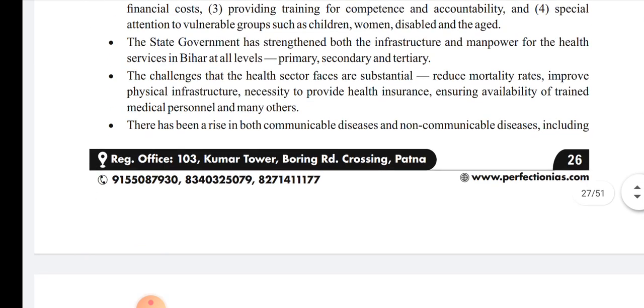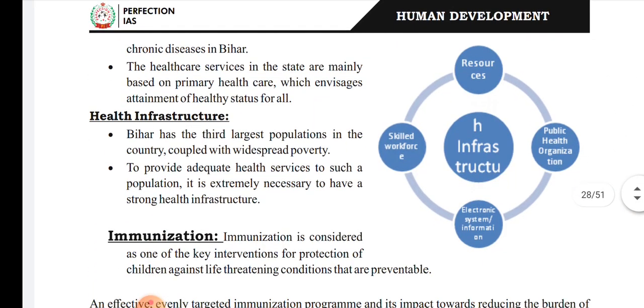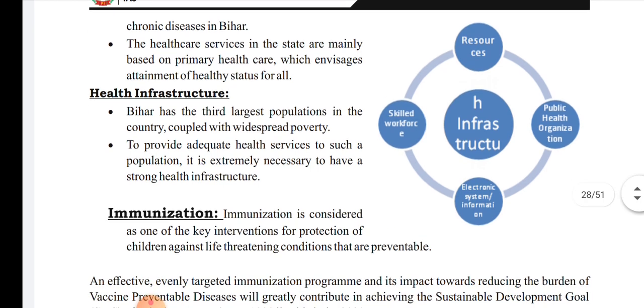Please just go through this point on health. And this wonderful flow chart talks about the infrastructure, where resources, a skilled workforce, and the use of electronic systems for the improvement of health infrastructure are very important.